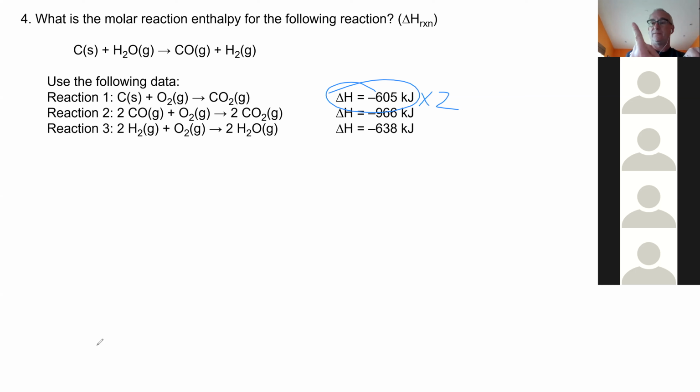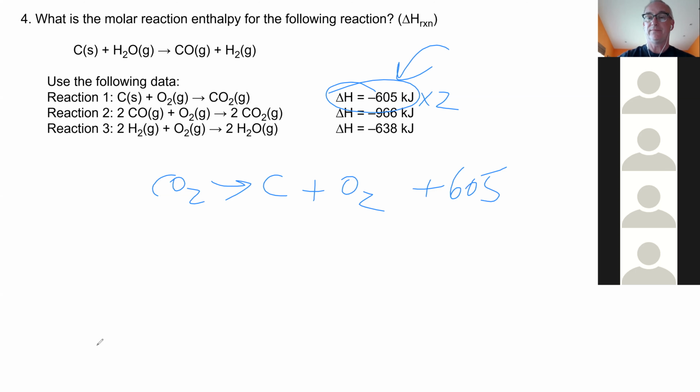Or I can flip it around so that CO2 goes back to carbon plus oxygen. But then it goes from being an exothermic reaction to an endothermic reaction that takes energy put into it for that to happen. And how much? Exactly the same amount, but the sign is reversed.